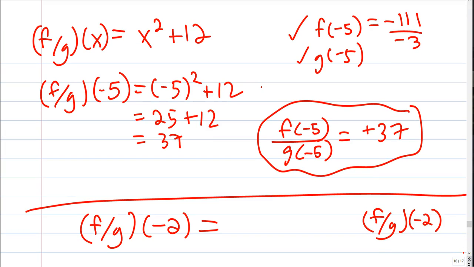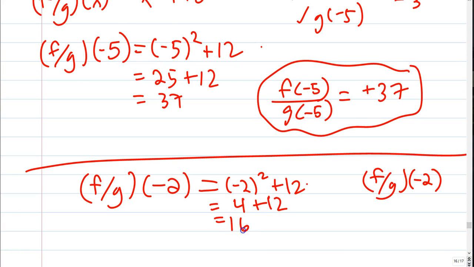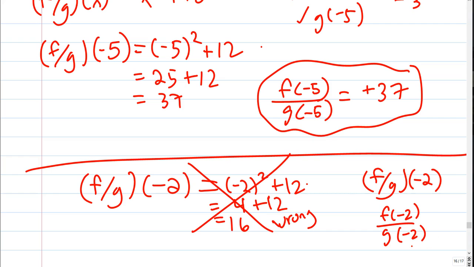What is f over g of negative 2? Somebody's like, well, that's easy. You just plug in negative 2 squared plus 12. 4 plus 12, 16. This is wrong. Why is it wrong? Because f over g of negative 2 means f of negative 2 over g of negative 2, right?